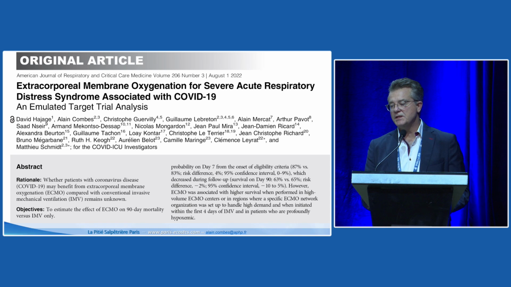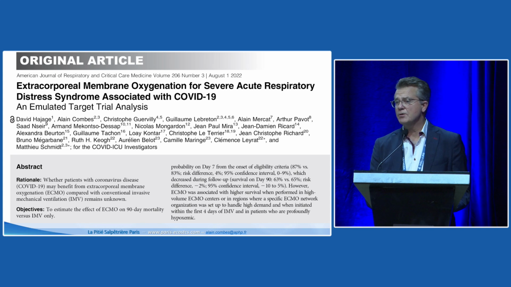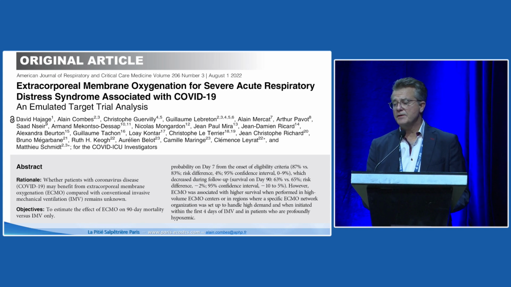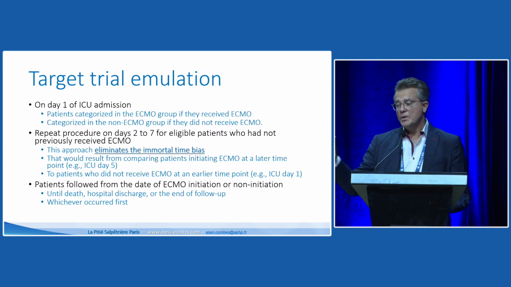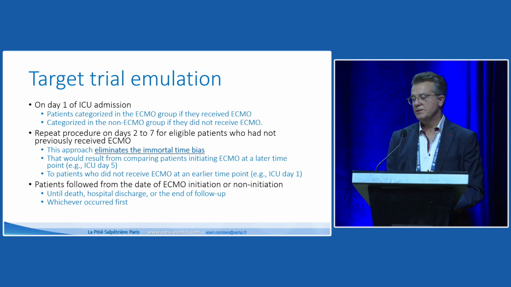This is what we did here in a huge French COVID database in which there were more than 4,000 patients who did receive mechanical ventilation during the COVID pandemic. And we emulated a trial day by day. On day 1, the patients were categorized in the ECMO group if they received ECMO, and in the non-ECMO group if they did not receive ECMO.